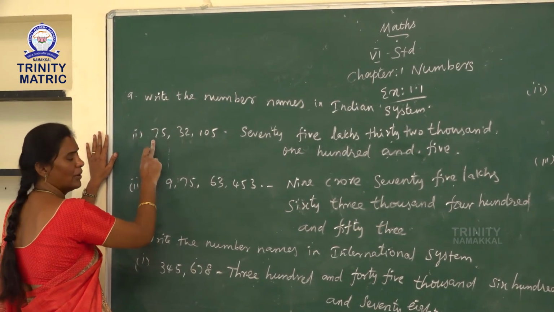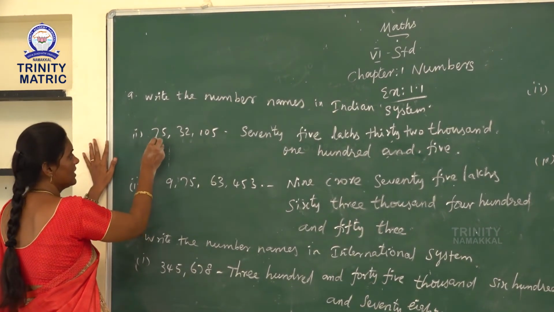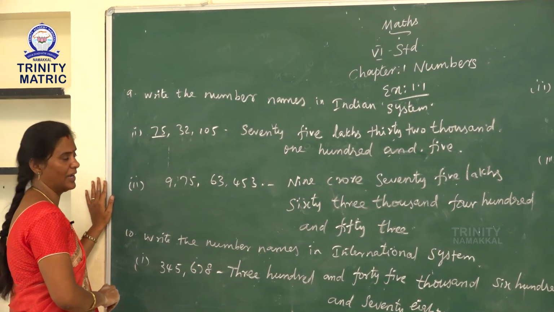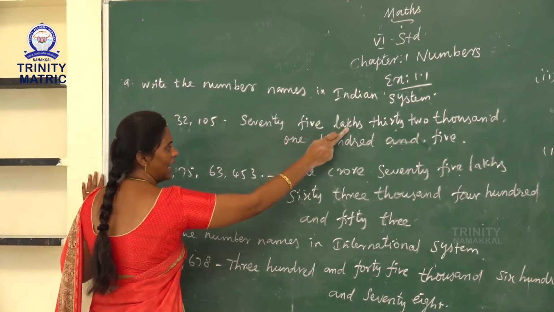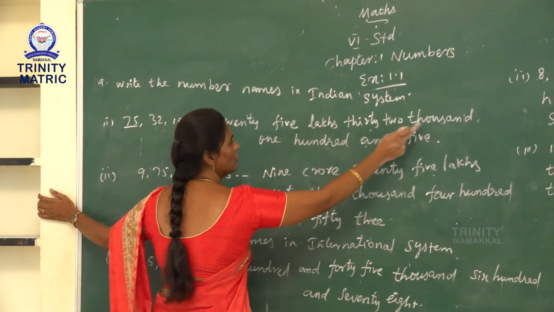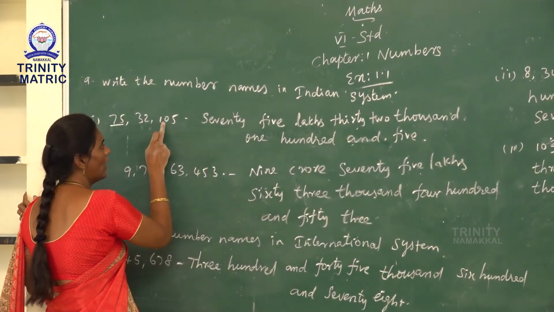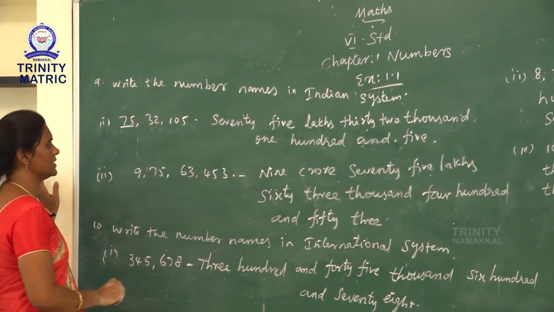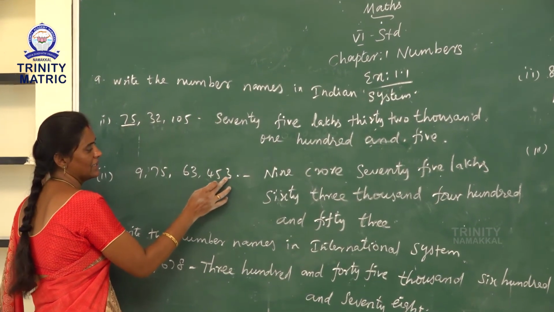So we write the number name: 75 lakhs 32 thousand 105.